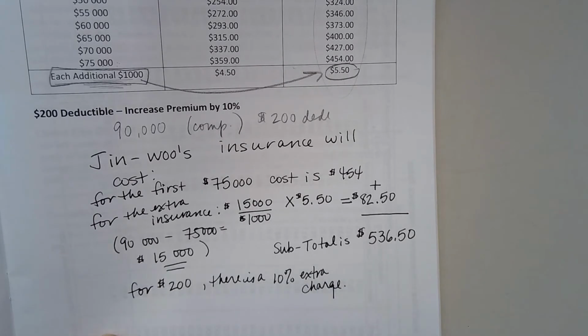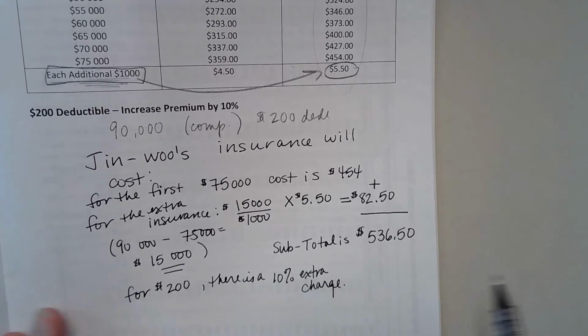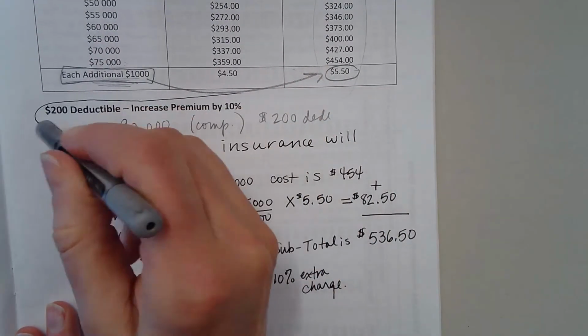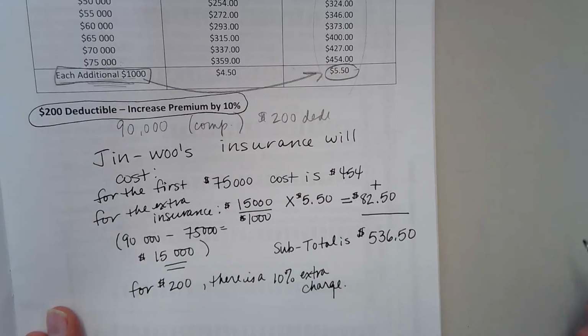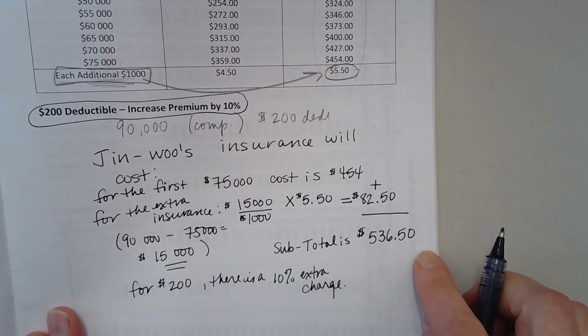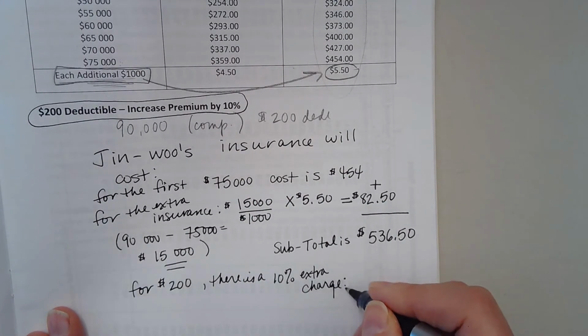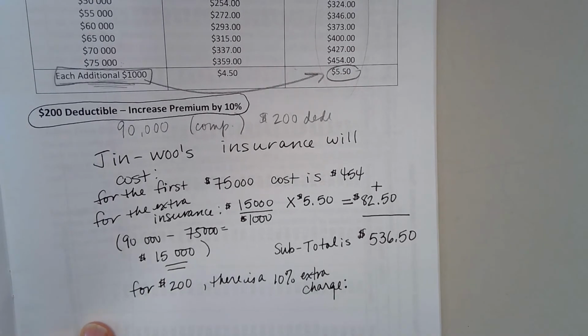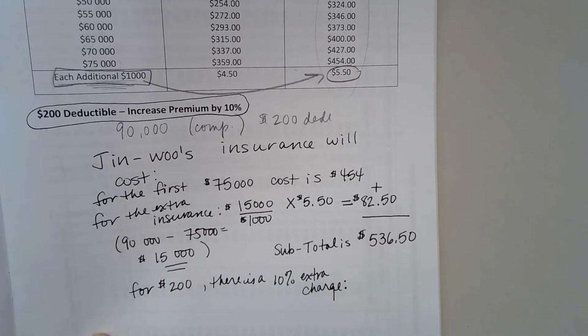But if I want the subtotal and the actual final amount, it's going to be 536.50 times 1.10, and then that gives me 590.15.